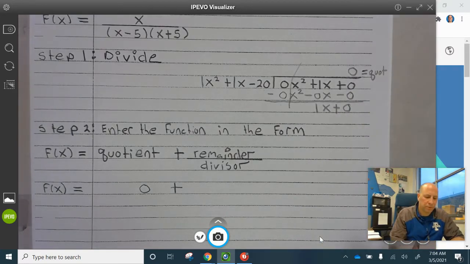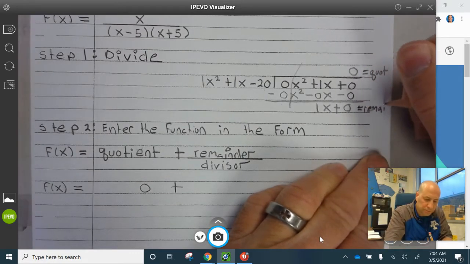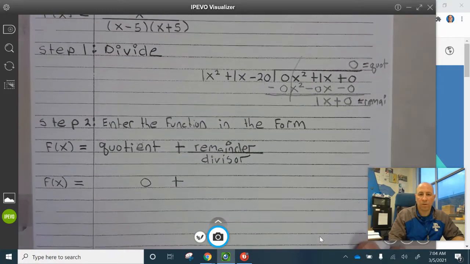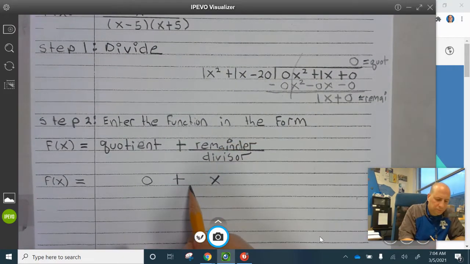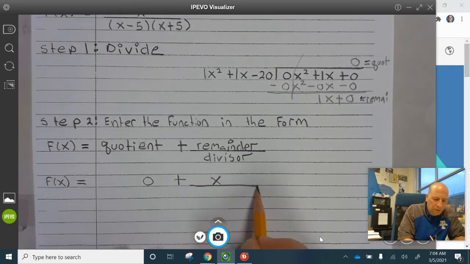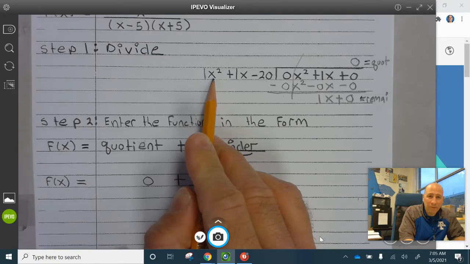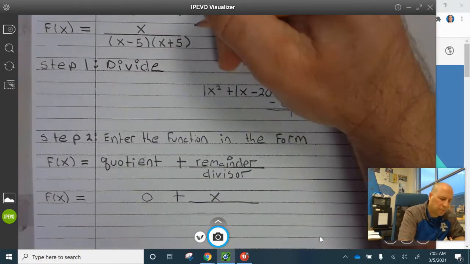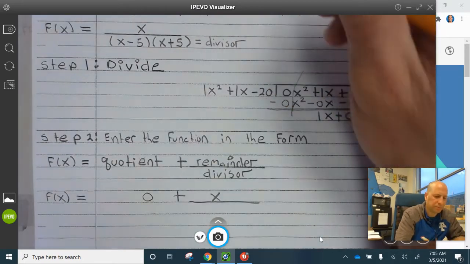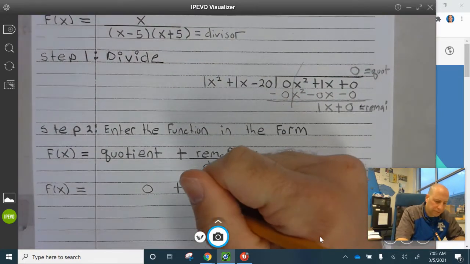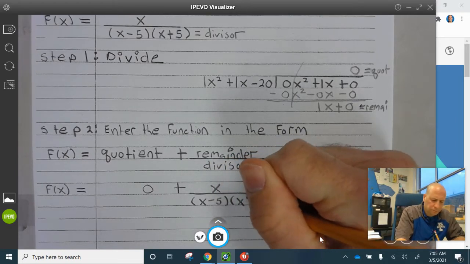Okay, so that's your remainder. So the remainder, which we can just write as x divided by the divisor, is this, but I believe they're going to want this as the divisor for your answer. Okay, so parentheses x minus 5, excuse me, x plus 5.